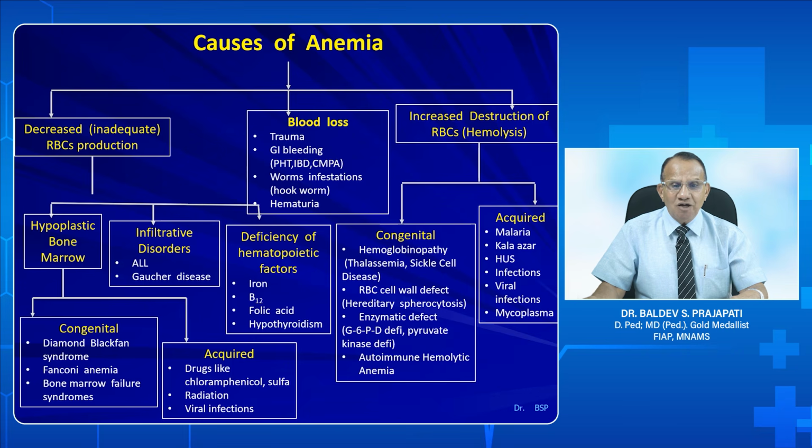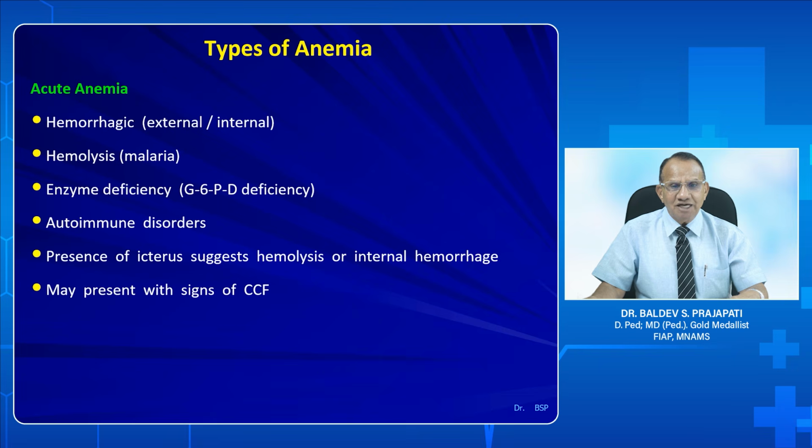Please remember, among all these causes, hemopoietic deficiency factors are the most common. These are iron deficiency anemia, or maybe B12 deficiency, folic acid deficiency, or even occasionally thyroid deficiency may be responsible. Having this, let us see what are the various types of anemia in practice.